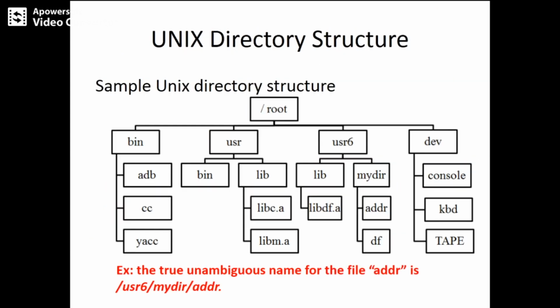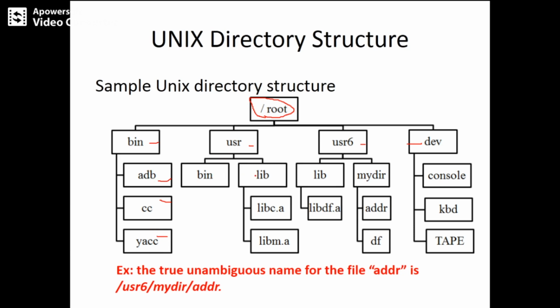This is an example of a Unix directory structure where you can see the root, starting from a slash, and different branches like bin, user 6, device, etc. All these are directories. Under these directories once again you will have lots of files. Bin contains adb, cc, yacc, all those things.